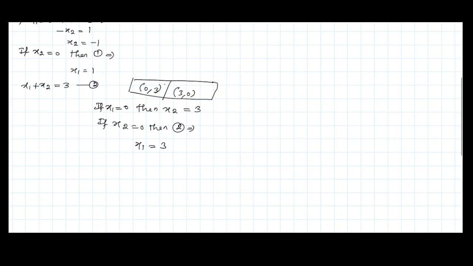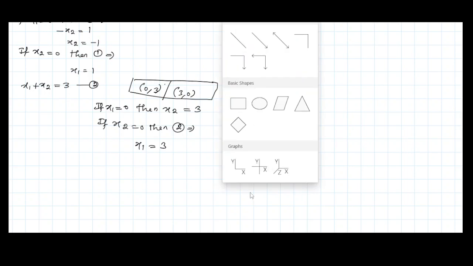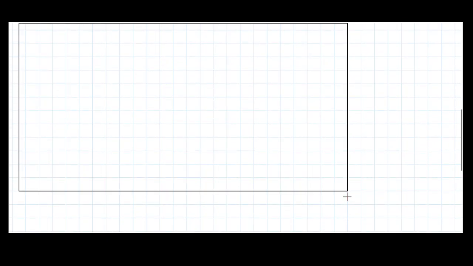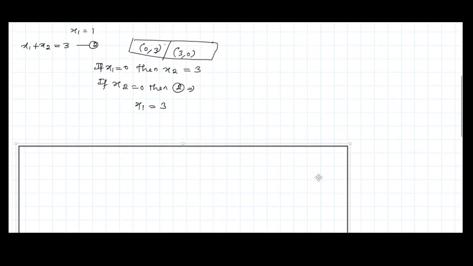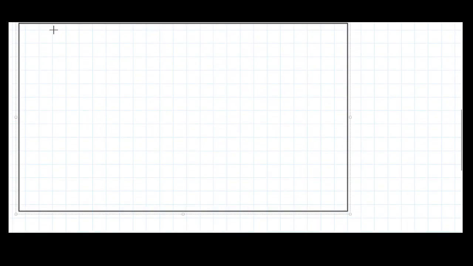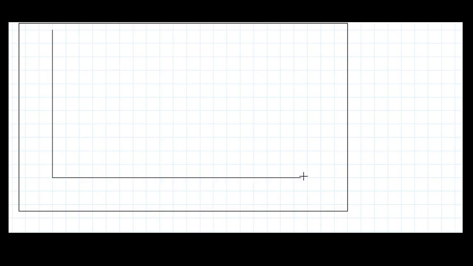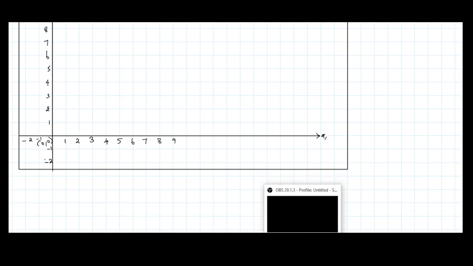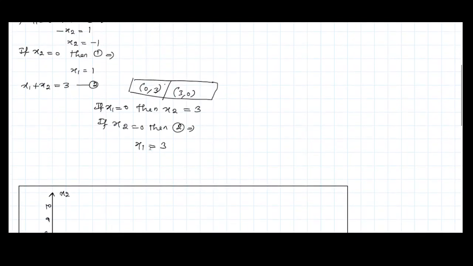Let us draw the graph. Consider the graph sheet like here.